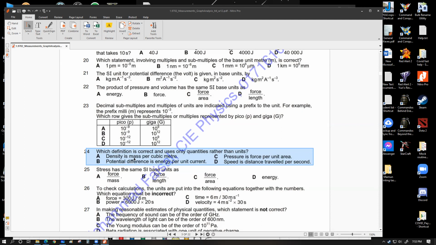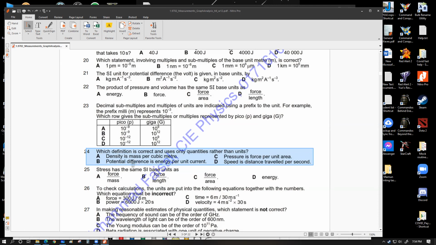That's also acceptable. In many cases, it is also used. For example, water at 4 degrees Celsius has a density of 1 gram per centimeter cube, which is also 1000 kg per meter cube. So that definition is okay. It looks okay, but it is using a certain unit for its expression. That's why we are not choosing it as the correct option.